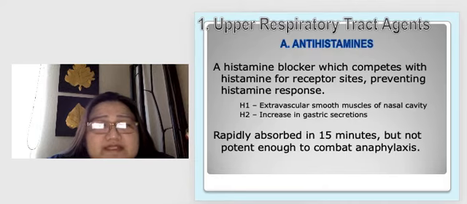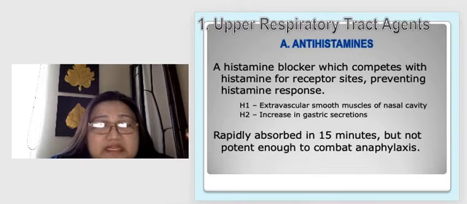So, ang antihistamines, it's a histamine blocker which competes with histamine for the receptor sites. Thus, it prevents histamine response. Ang mga H1 are found in the extravascular smooth muscles of the nasal cavity. So very specific ito sa mga respiratory ailments, while the H2 increases gastric secretions.